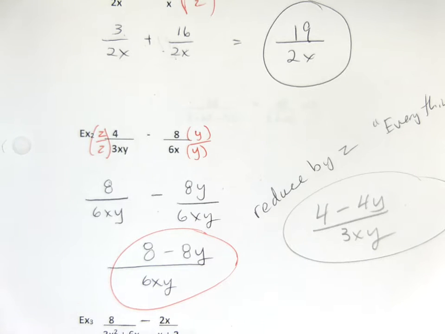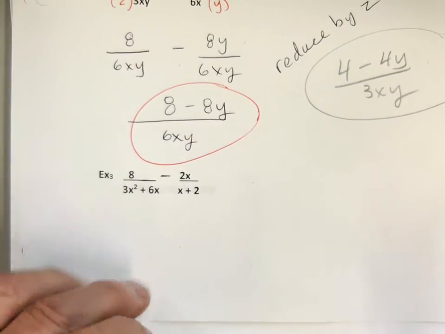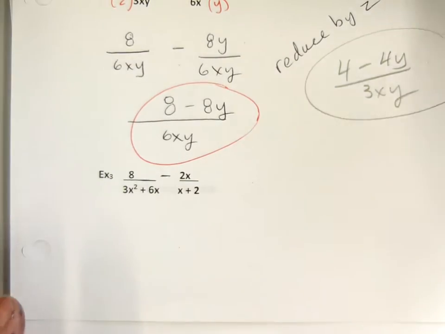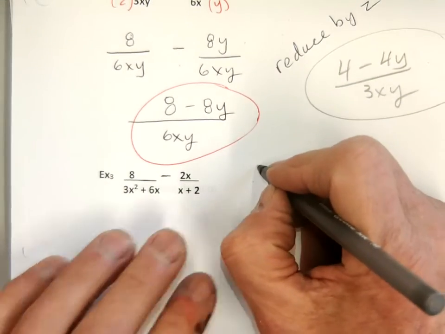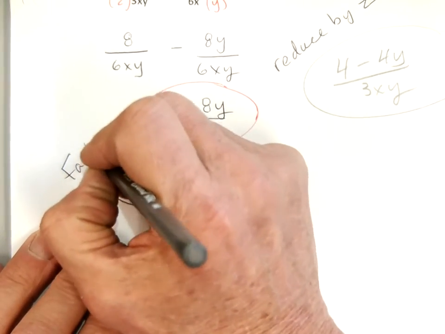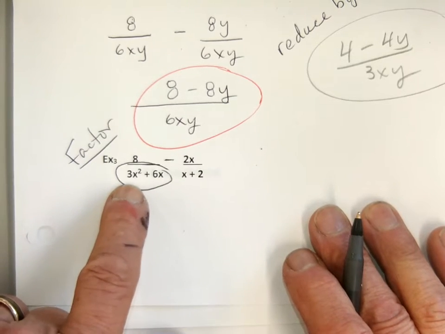All right, so now let's take a look at example 3. What I want to do is this. I'm going to factor this 3x squared plus 6x.